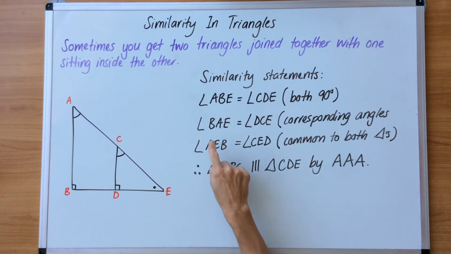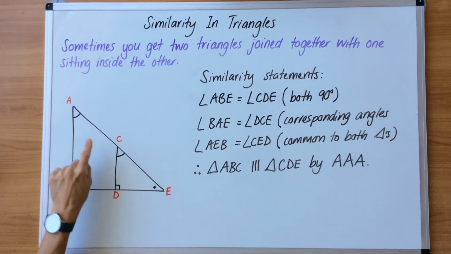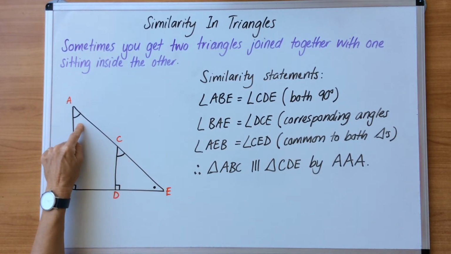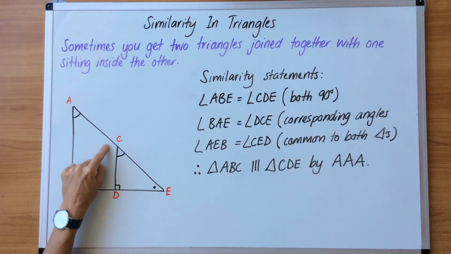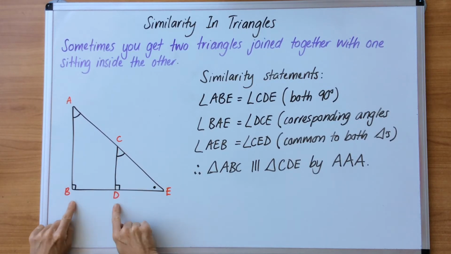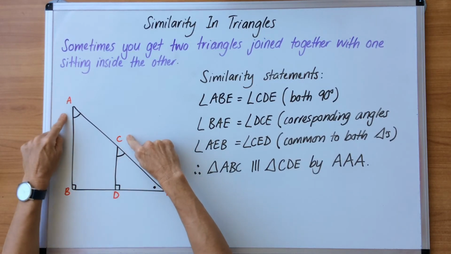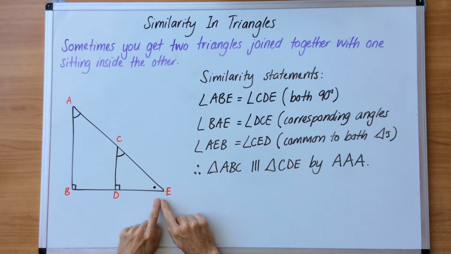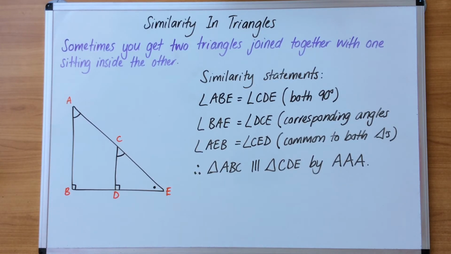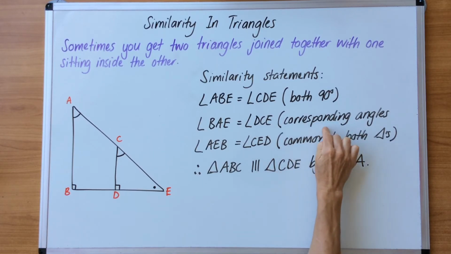The second one, we are angle BAE. So BAE, it's this little arc here. So that's equal to angle DCE. So we go 90 degree, the arc, and they both share this dot here. This is a common angle. Now, this is the F shape, the corresponding angles.